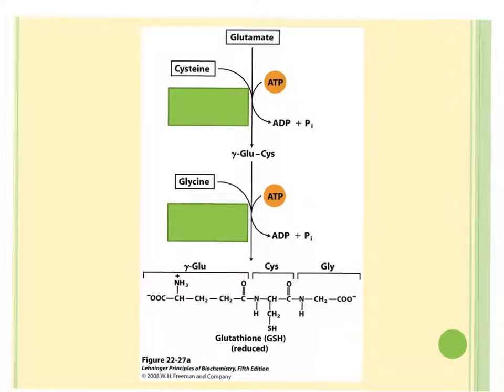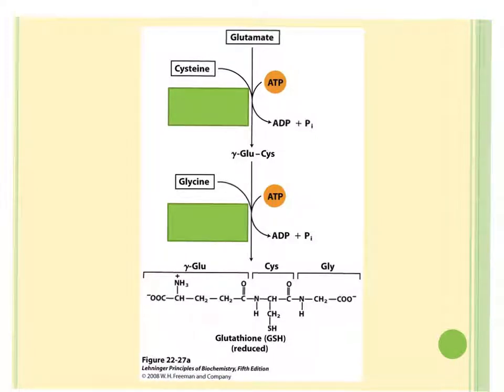So in theory, all of this is a tripeptide. These are all peptide bond formations, like what we've seen from last semester, except for the glutamate. Instead of the quote-unquote normal one making the peptide bond, it's the terminal one, the one on its R group. That's why they call it gamma glutamyl. That's why its full name would be gamma glutamyl cysteinyl glycine. Of course, no one's going to call it that.